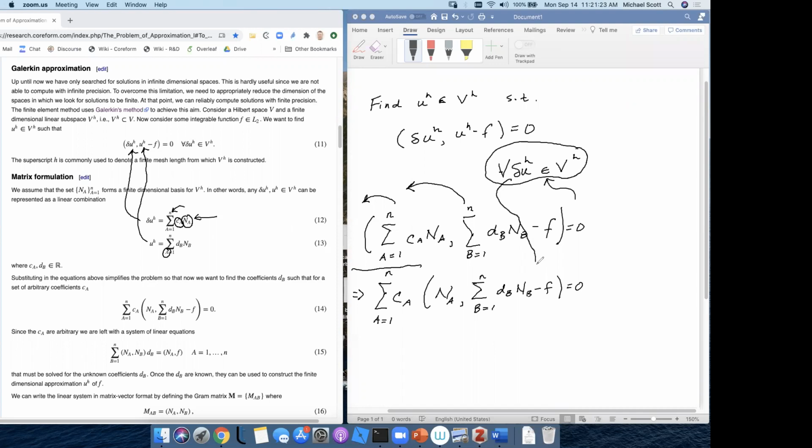This is a big deal. It's going to be for all. What's next? It's not going to be delta u^h. It's going to be something that is part of delta u^h. Coefficients in V. There you go.